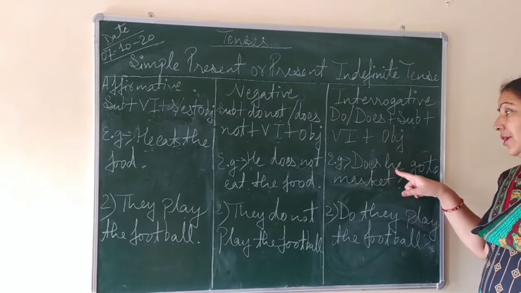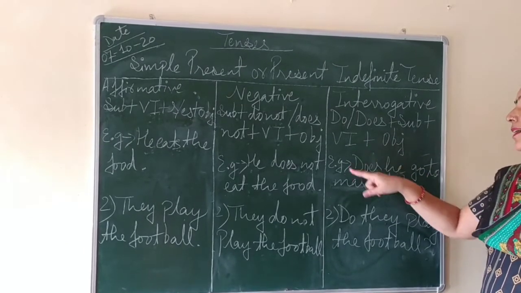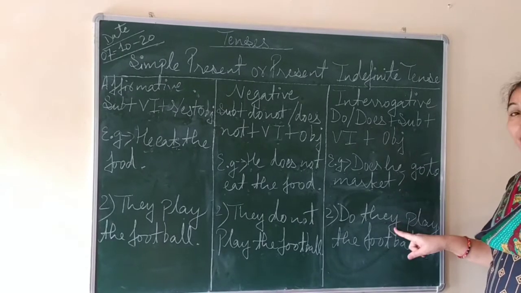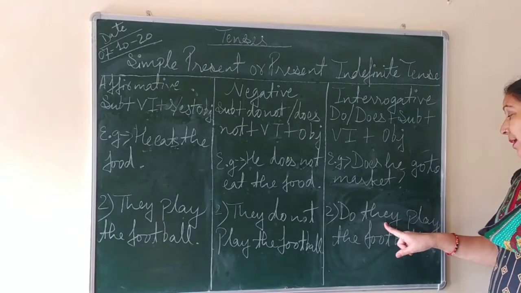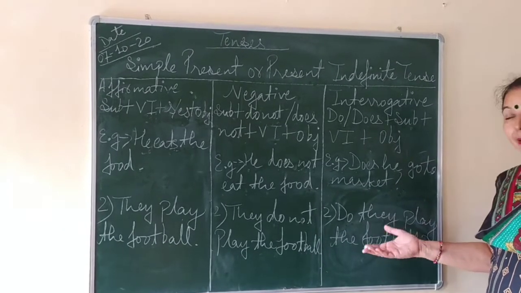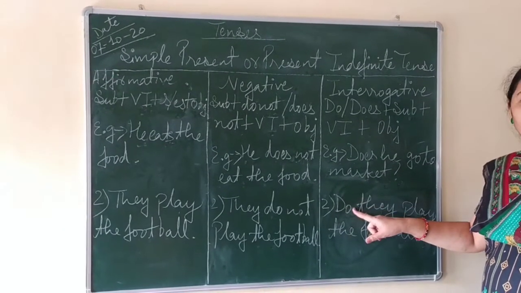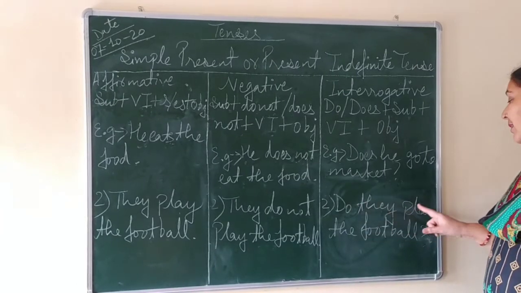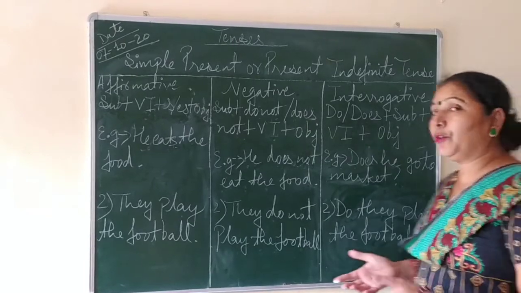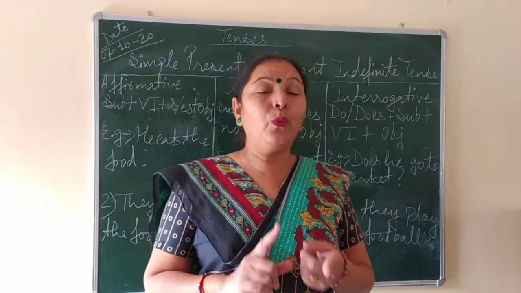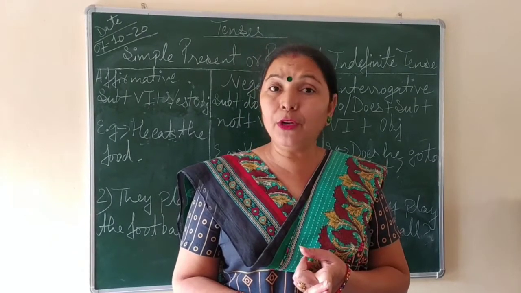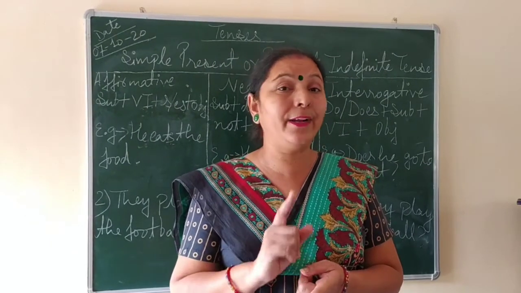Because it is singular, with singular we will put does and end with a question mark. Now coming to the plural. Do they play the football? Question. Again the same thing. Do is used under plural, and with that we will take they play the football and a question mark. So what you have to remember? You have to remember with negatives we use not, and with interrogatives we will use a question mark at the end of the sentence.